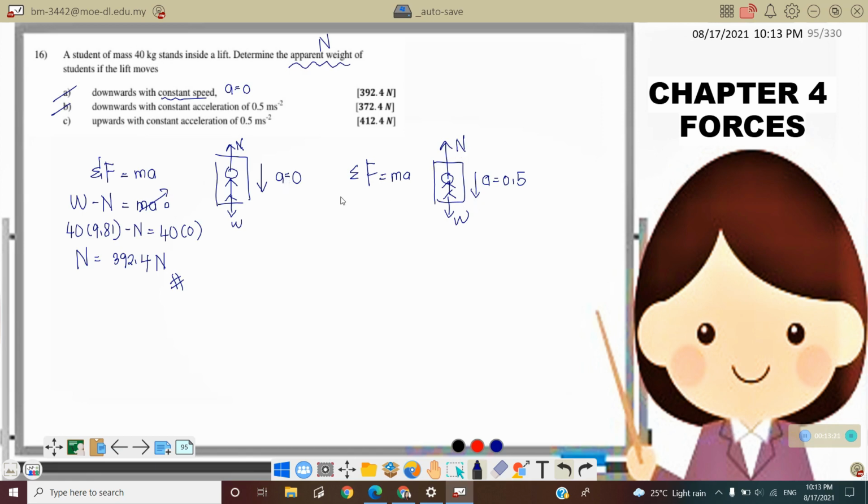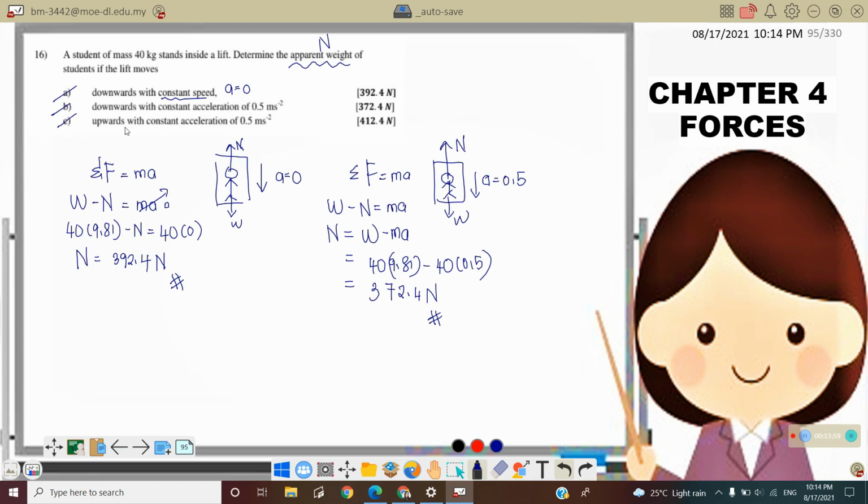The motion is downward, meaning that weight minus normal equals to ma. So normal equals to weight minus ma. Weight here is mg, so it's 40g minus 40 times a, which is 0.5. Finally you will get 372.4 Newton, because there is an acceleration.